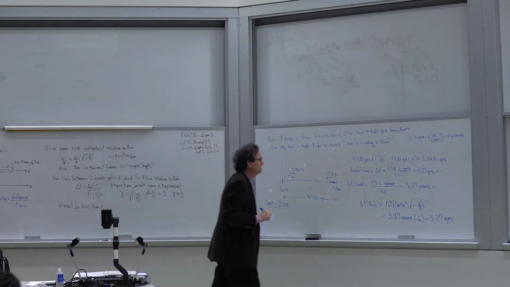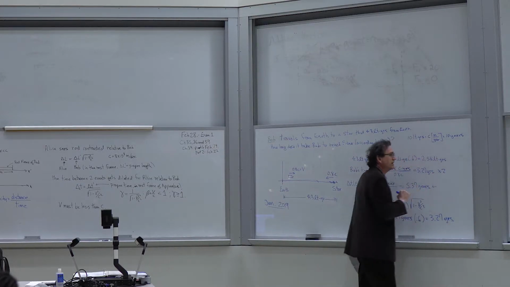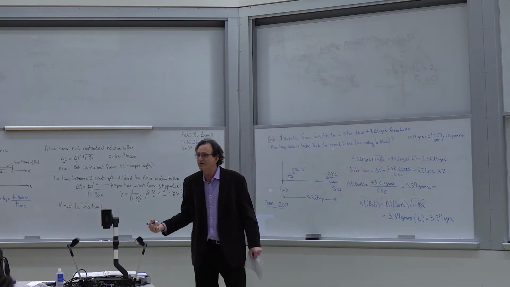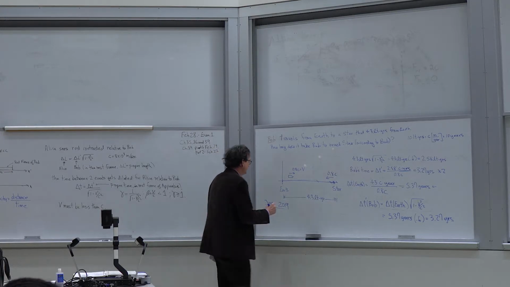Well, it's going to be this number times 2, because it's going to take him 3¼ years to go out and 3¼ years to come back. So, what's that? Summer 2025.